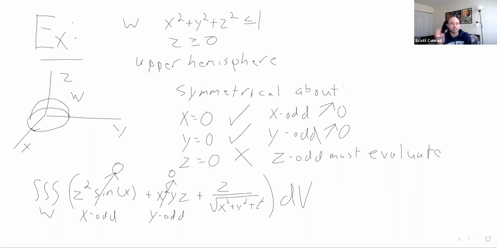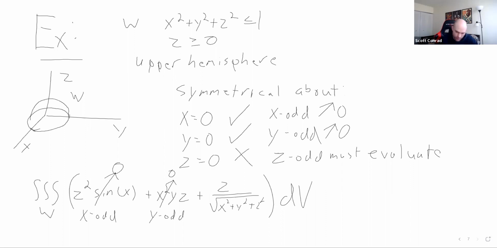x squared yz, that is y odd, so that's going to integrate to 0. Notice it's also z odd, but who cares? Y odd's the thing that matters here. If it's either y odd or x odd, could be both, it's going to integrate to 0. Now z over x squared plus y squared plus z squared. You can check, this is indeed z odd, but because we don't have symmetry in the z direction over our region of integration, we can't say anything about this integral.